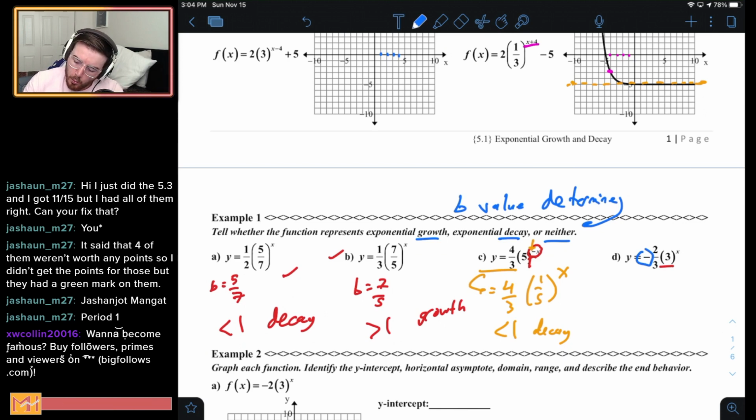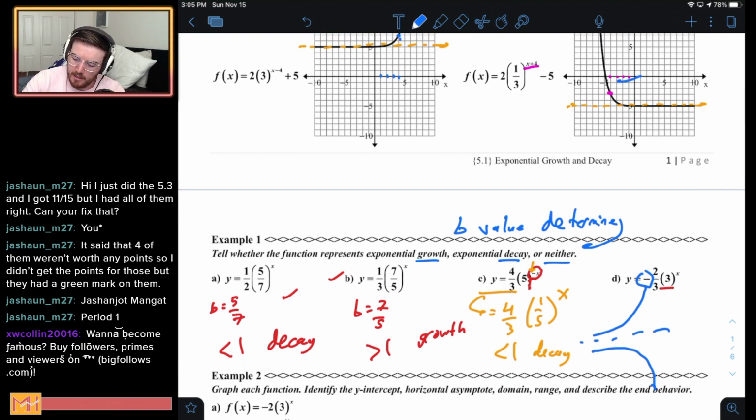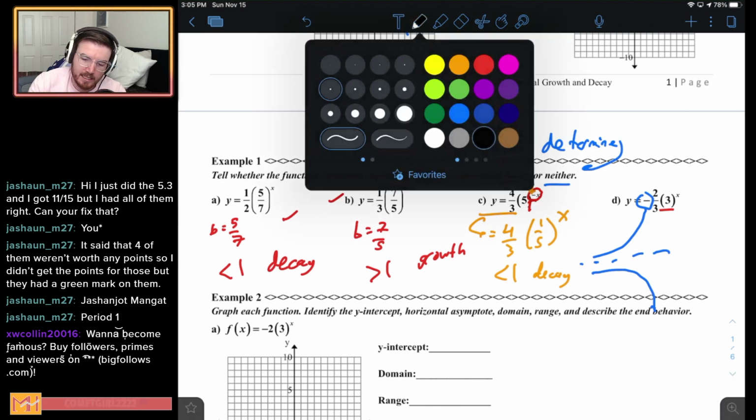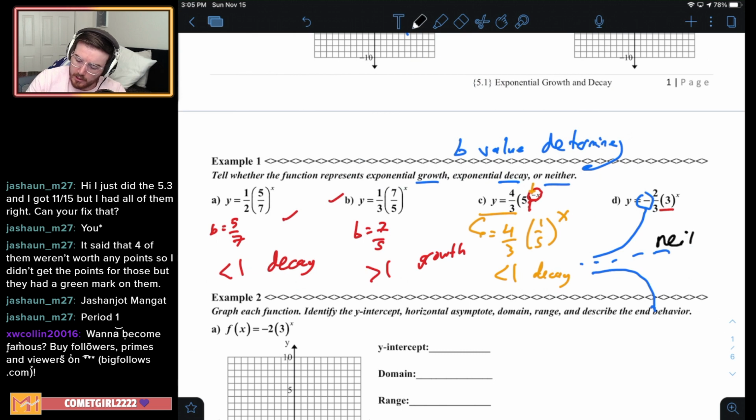That's taking what was a growth and flipping it, right? In the math world, we don't call that a decay. We call this a decay, where it starts to flatline. That is decay. This, yes, in our everyday language, we might consider that a decay because it's getting smaller. However, it's not flatlining. So in the math world, we don't consider that a decay. We are just going to call that neither.